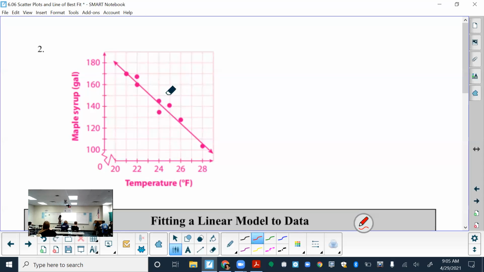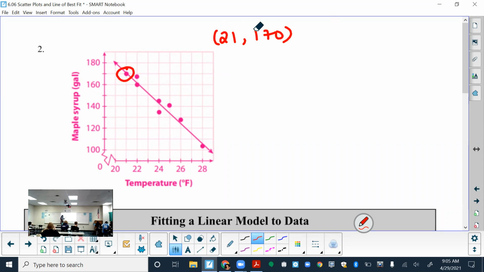Did you say 21 and 170? All right, I would agree. That looks like it's on the line. So 21 and 170.